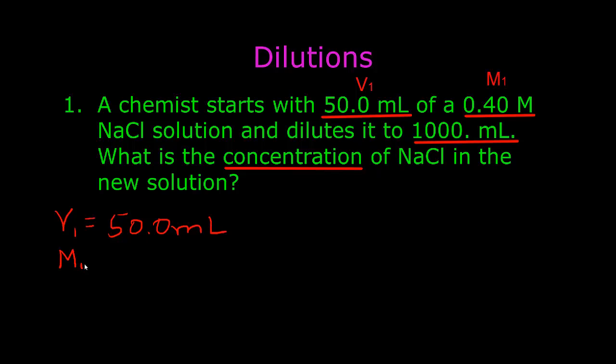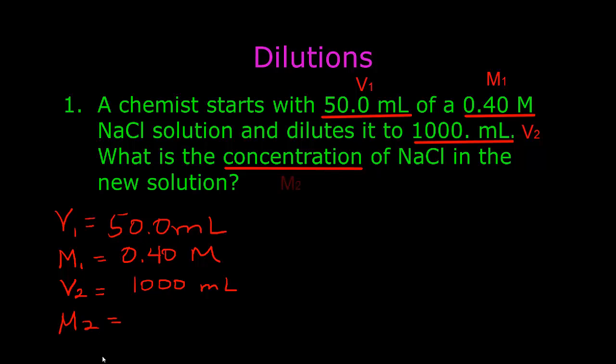And our initial molarity is 0.4 molar. We are diluting it, that's the new volume, to 1,000 milliliters. We are starting out with 50 milliliters, and now we're diluting it to 1,000. Adding some water, and we need to know what the final concentration is. So here are our variables.